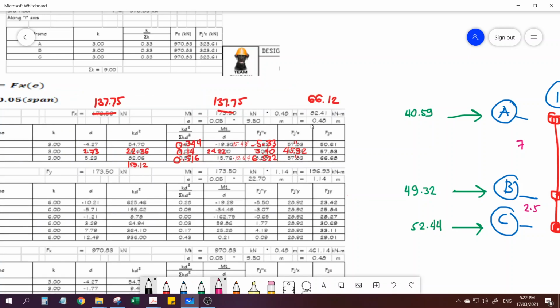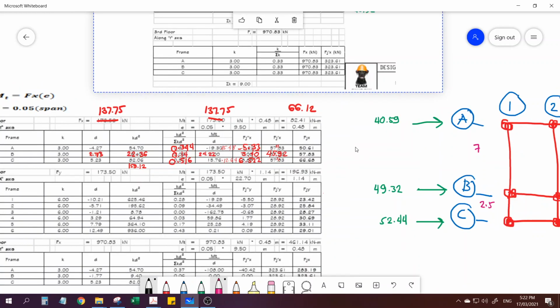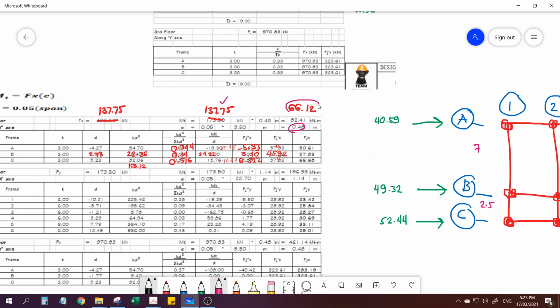That is our eccentricity, 0.48 meters. So, having the force 137.75 at the fourth floor, multiplied by the eccentricity of 0.48, you will get 66.12 kilonewton meter. That is our torsion. Okay?